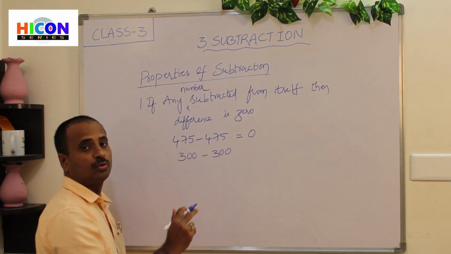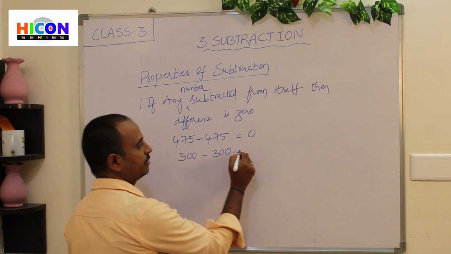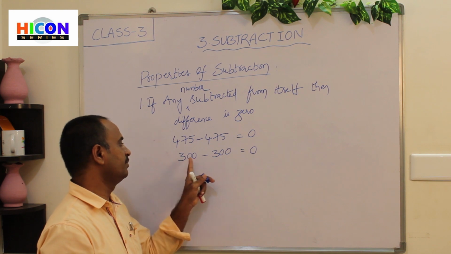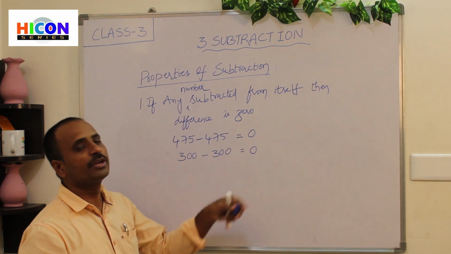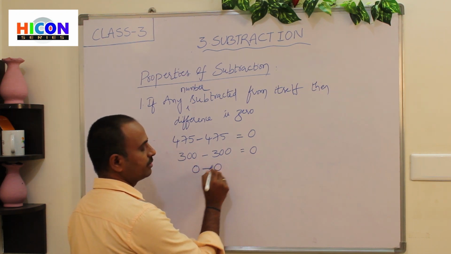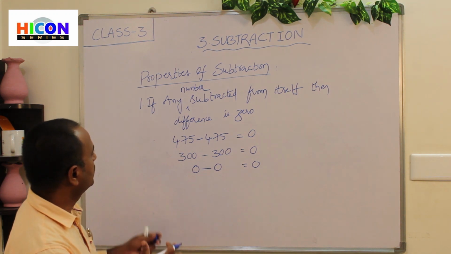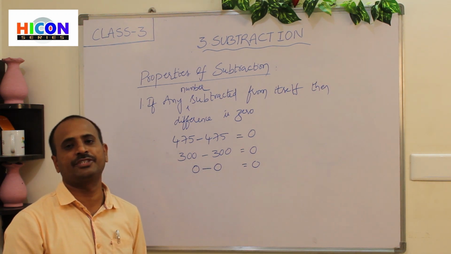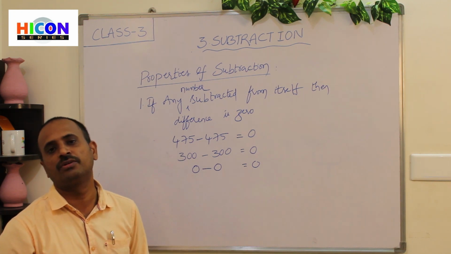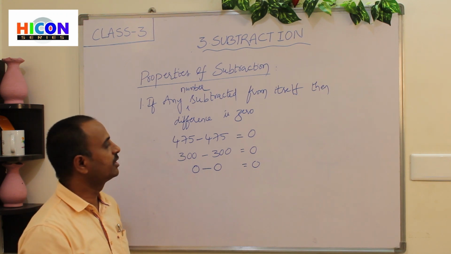The two numbers are the same, so the difference between the two numbers is 0. So that answer is 0. If any number is subtracted from the same number, the answer becomes 0. Again 0 minus 0, so again it becomes 0. So children, this is the first property of the subtraction. That means the difference between the same numbers is 0. If you take the same numbers and do subtraction, then the answer becomes 0.